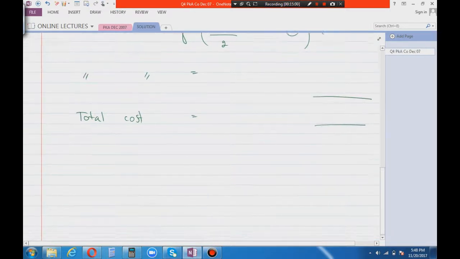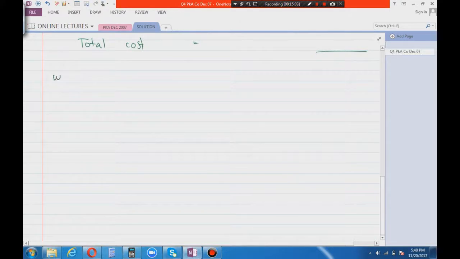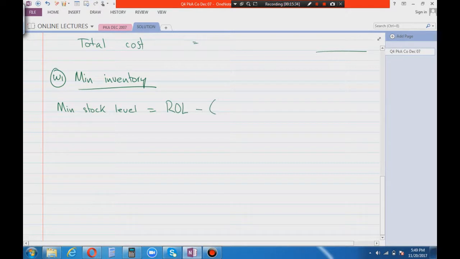So working number 1, minimum inventory. The formula to calculate minimum stock level, minimum inventory level, is your reorder level minus average usage in the average lead time.